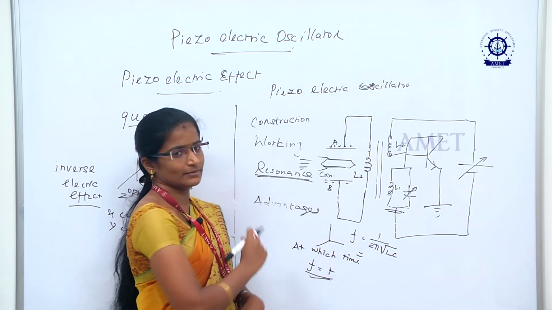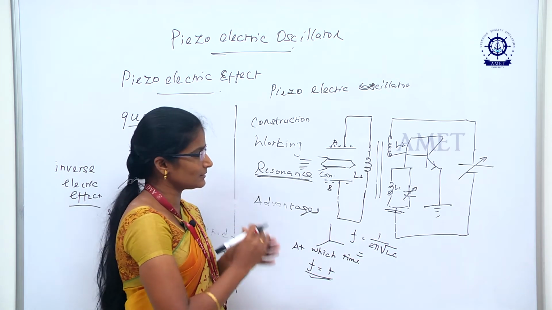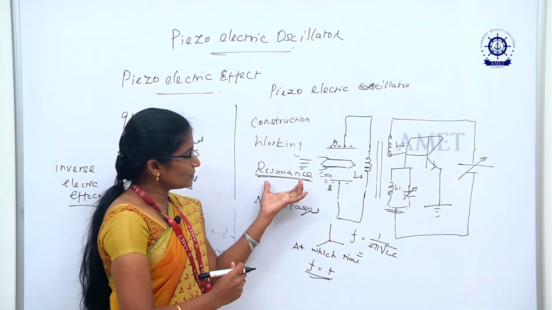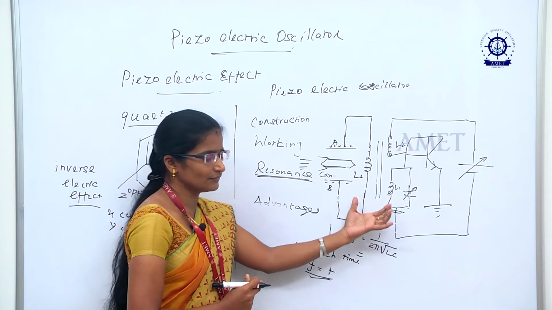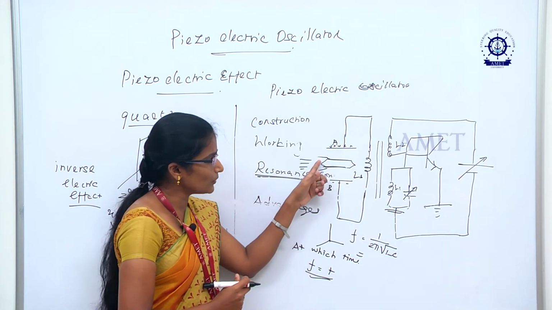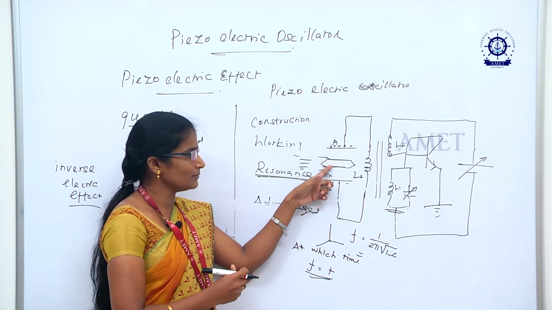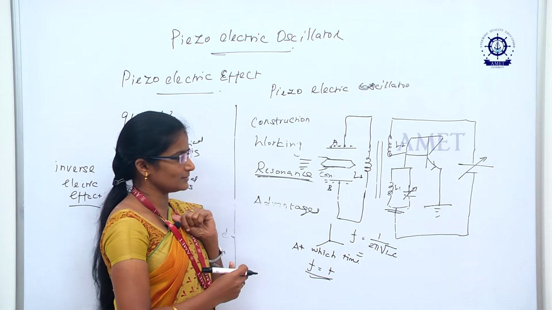So this is the resonance condition, and this is the condition for producing the ultrasonic waves. Again to repeat, the resonance condition means the frequency of the oscillator coincides with, or is equal to, the natural frequency of the crystal vibration. Only then are ultrasonic waves produced at the ends of the crystal.